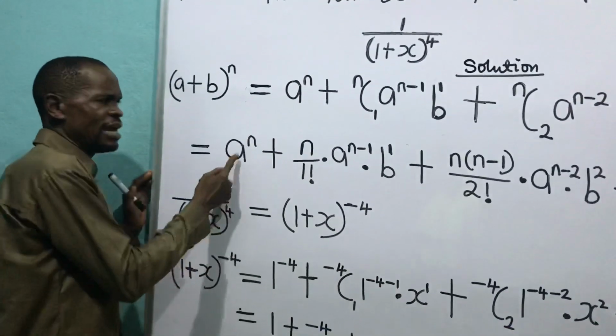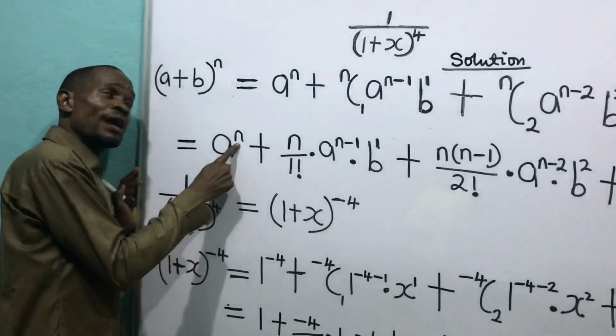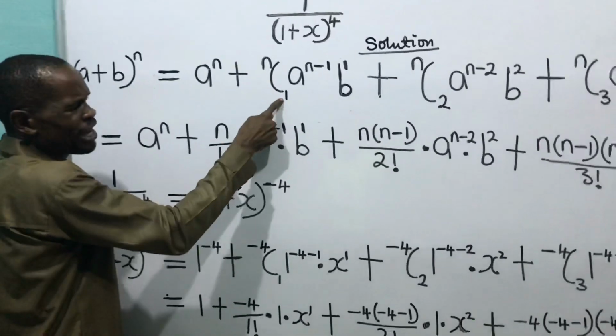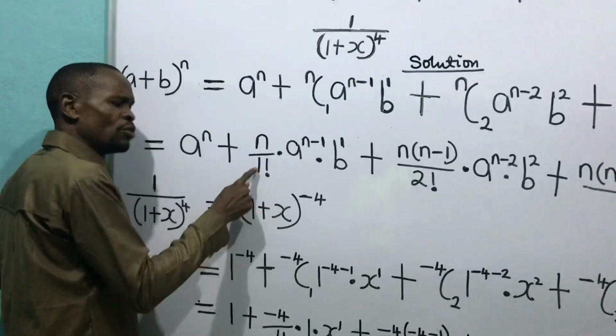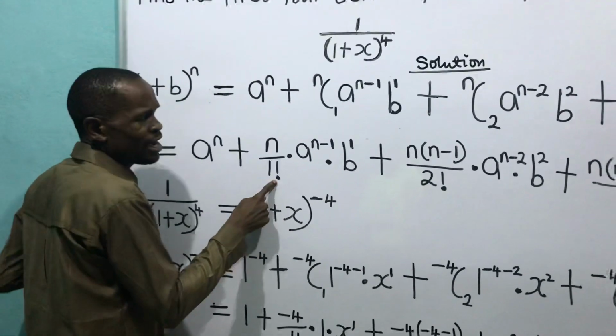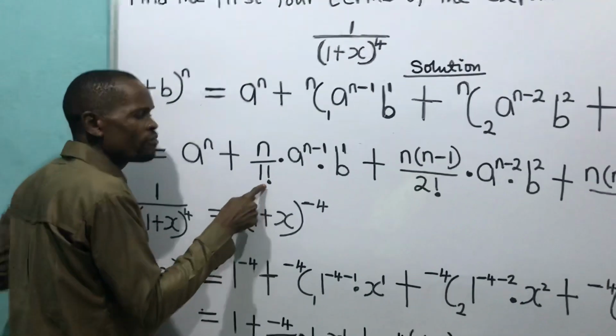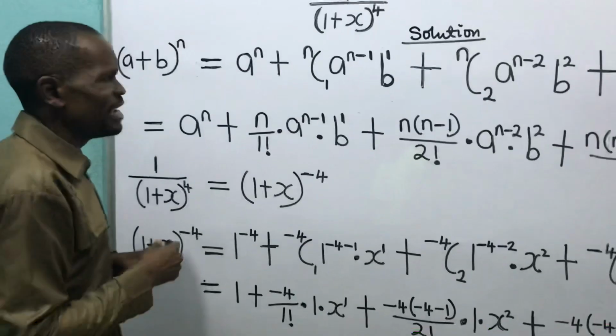So I come over here: A raised to power n, which is the maximum power, plus any combination 1, which means n over 1 factorial. What does this mean?